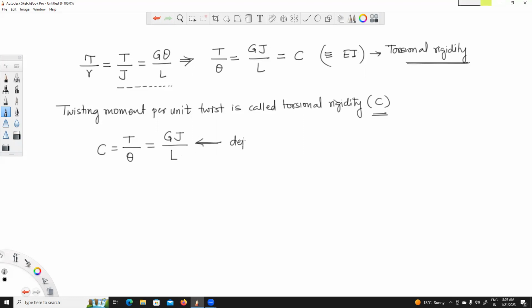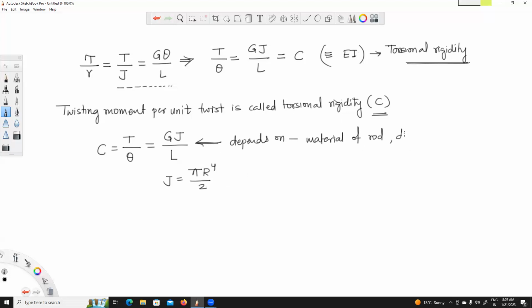What does it depend on? G, modulus of rigidity, is a property of the material, so it depends on the material of the rod. The polar moment of inertia J for a circular cross section is pi r raised to 4 upon 2, so it depends on the radius of the rod, and again length.